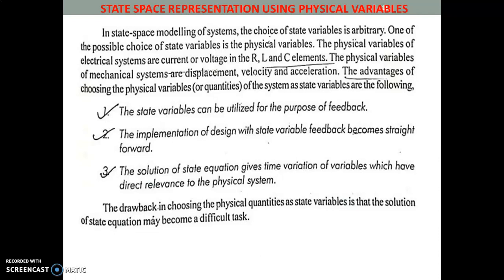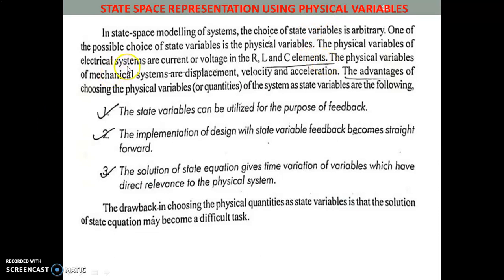Now we'll start with the first one, state space representation using physical variables. In state space modeling of a system, the choice of state variables is arbitrary. One possible choice of state variables is physical variables, this one, right?